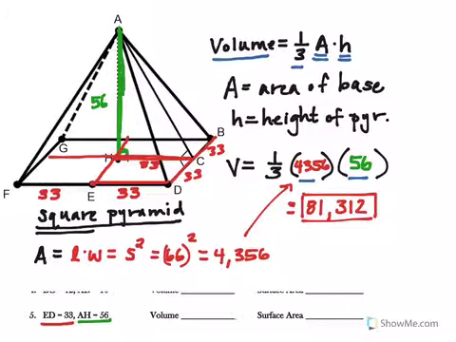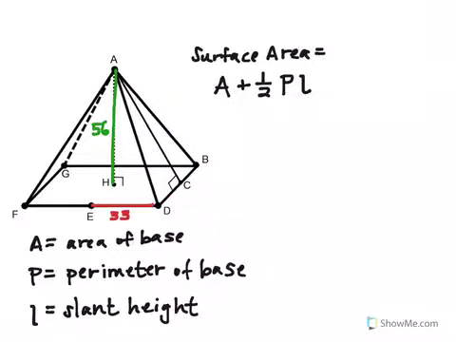Then as we move over and look at our surface area. Our surface area formula is the area of the base, plus 1/2 of the perimeter times the slant height. So the perimeter, we know, is just the length all the way around the base.